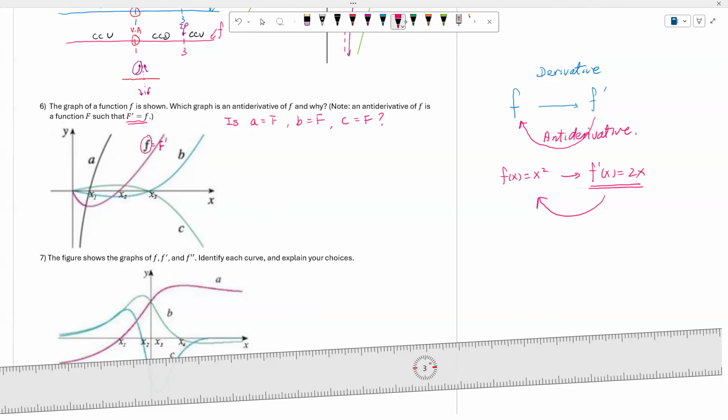Okay, so let's see. Now I have some labels here: x sub 1, x sub 2, and x sub 3, to help us work out the problem. What information do I know?